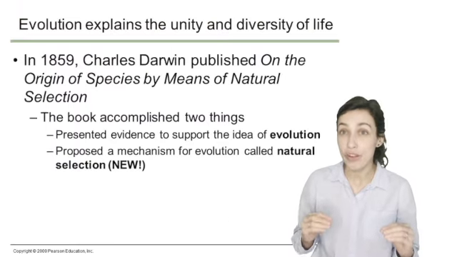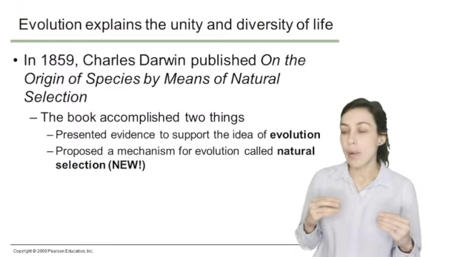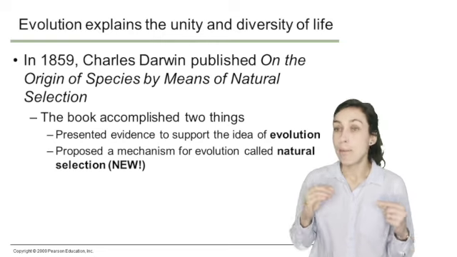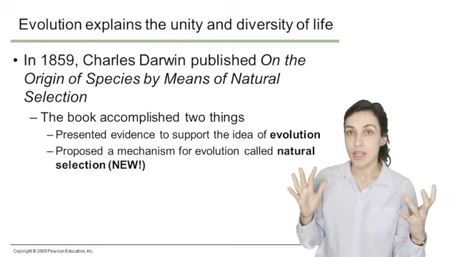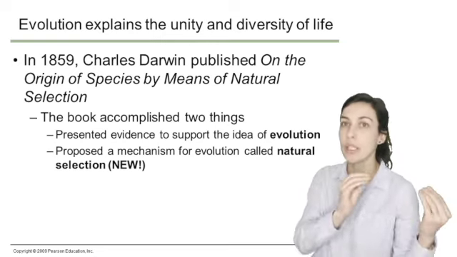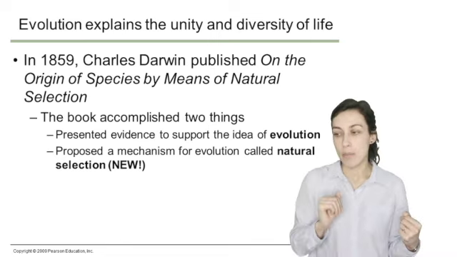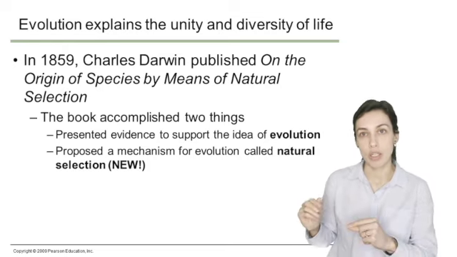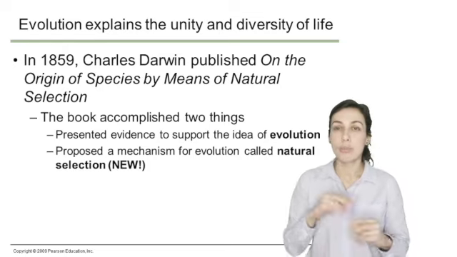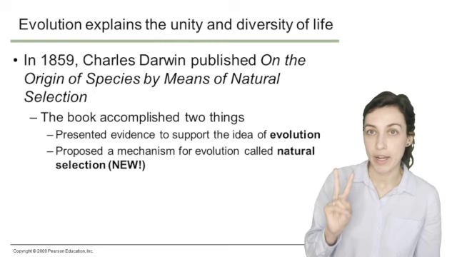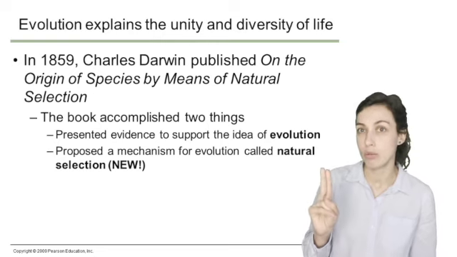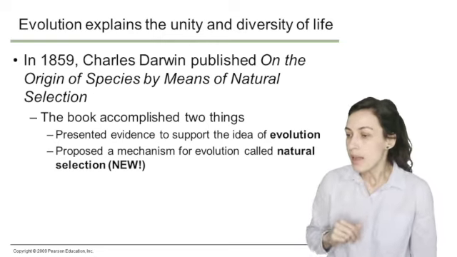Finally, in 1859, Charles Darwin published a book expanding his jointly published article called On the Origin of Species by Means of Natural Selection. Okay? And the book accomplished two very, very important things that I would like you to note for yourself.